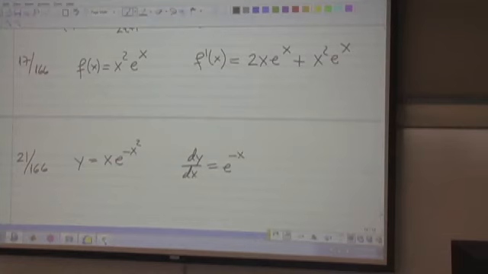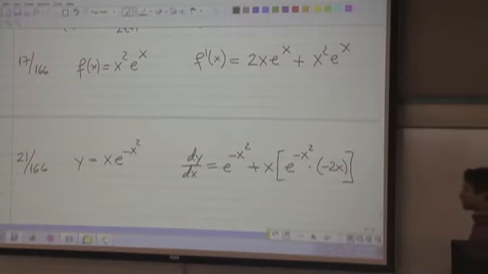E to the negative x squared plus x times e to the negative x squared times minus 2x. No, I don't. I just wanted to simplify it to signify that the brackets are the derivative of e to the minus x squared. Is everybody seeing that?